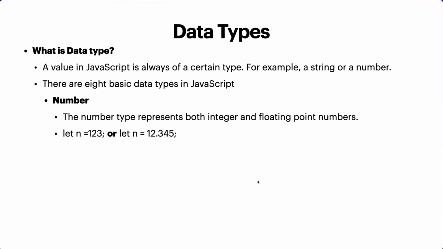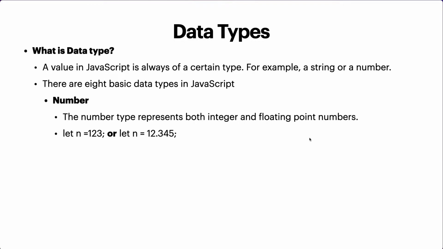For example, we have a variable, the name of the variable is n, and we've assigned it a number value. You can see it's just a number, it doesn't have any characters or anything else, so it's just a pure number. Or we have another example, 12.345, which has been assigned to a variable called n.